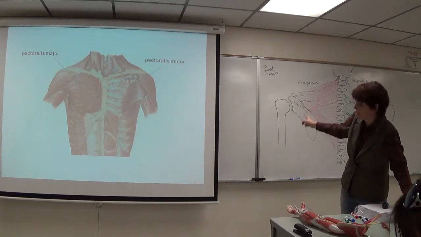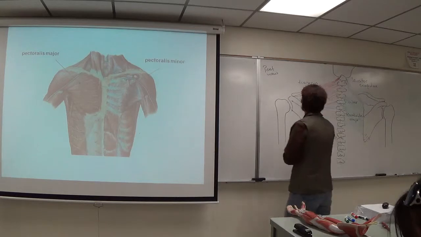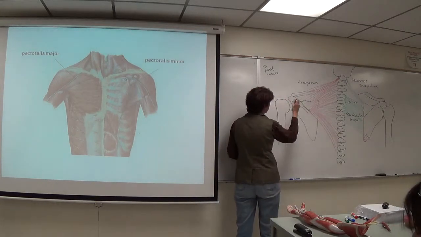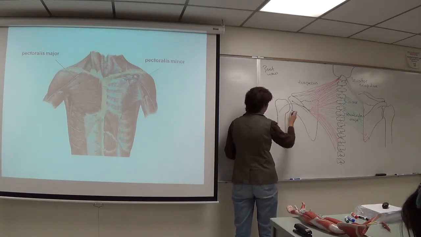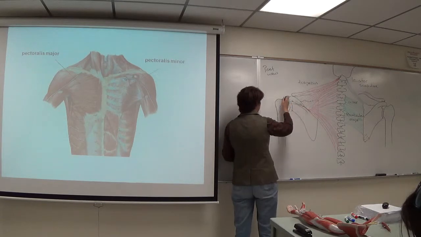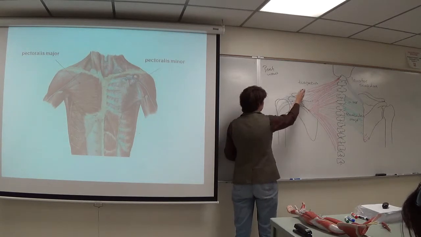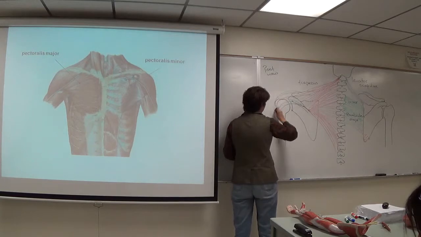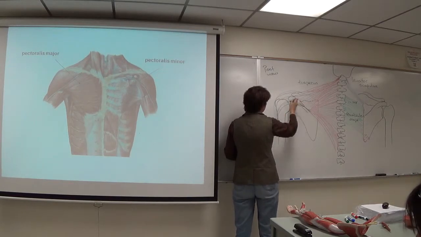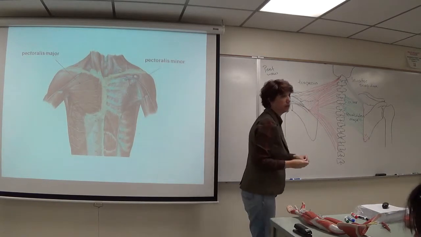So I'm going to draw that one on this side here, where this is the posterior view. So we have these fibers of deltoid crossing over the shoulder joint and coming down and attaching to the deltoid tuberosity, forming this cap. And this is the deltoid muscle.